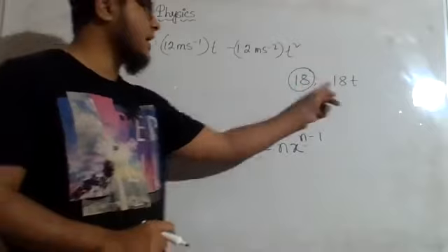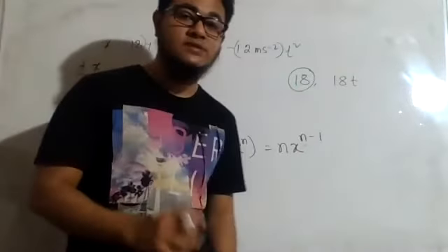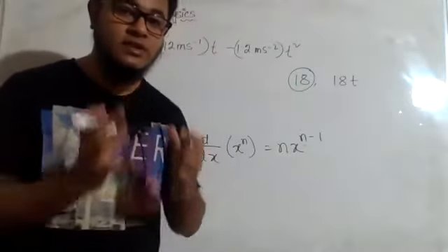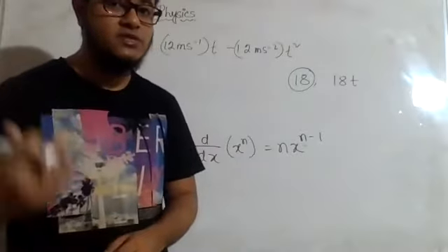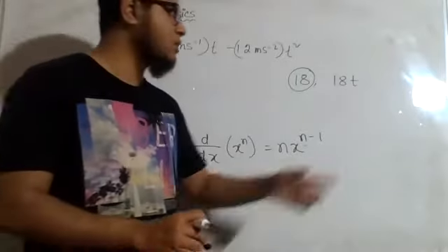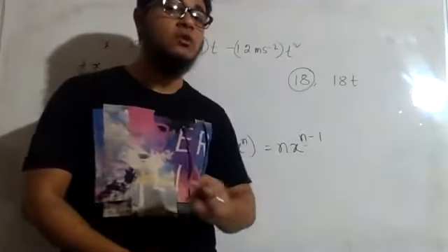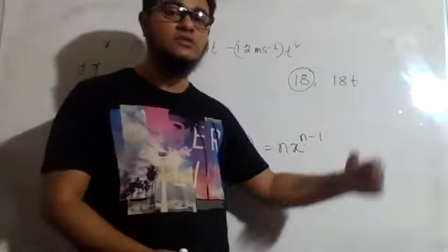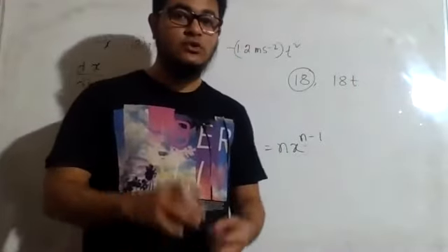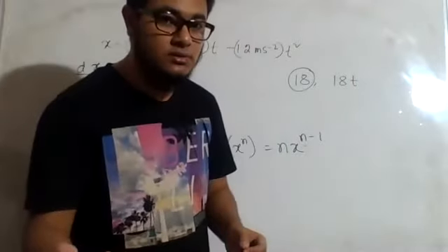But 18t is a variable, because the value of 18t is going to change if I change the value of t. If I put the value of t as 1, the value of 18t is going to be 18. If I put the value of t as 2, the value of 18t is going to be 36. So 18t is changeable, correct?